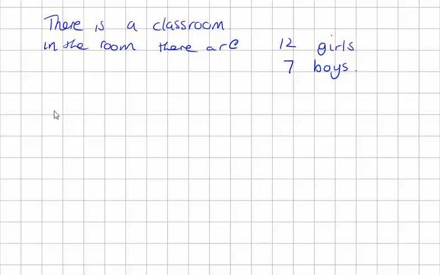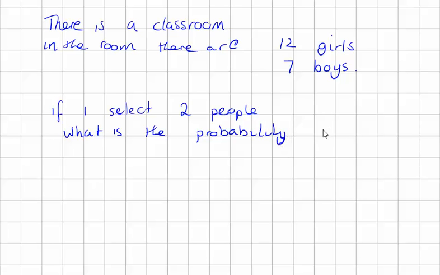If I select 2 people, what is the probability of selecting a boy and a girl?